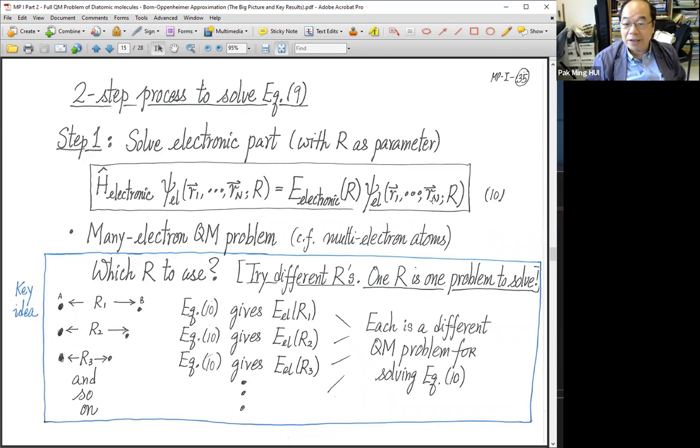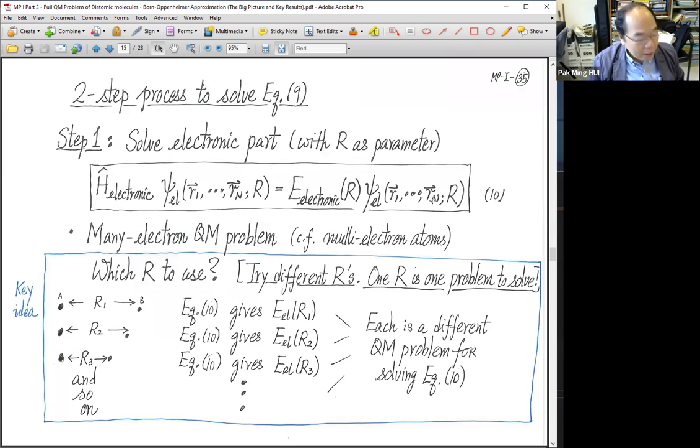For the following pages, I first give you the flow of ideas to the end, and then we will come back to equation 10 for a concrete problem in the next part, which is how to solve this particular molecular ion problem, H2+. That is the only problem where one can see the physics clearly, without all the difficulty of many-electron problems.